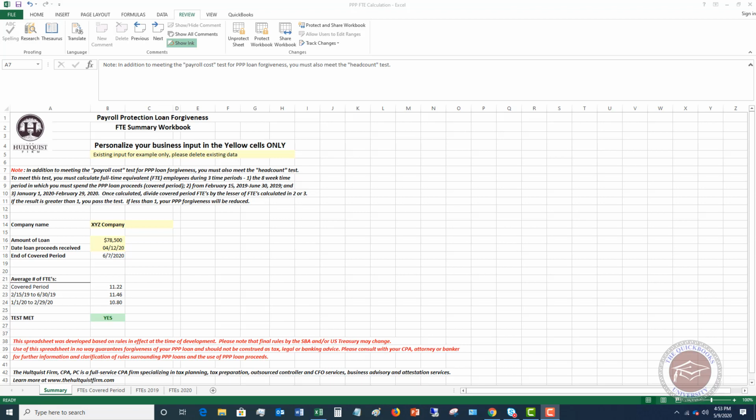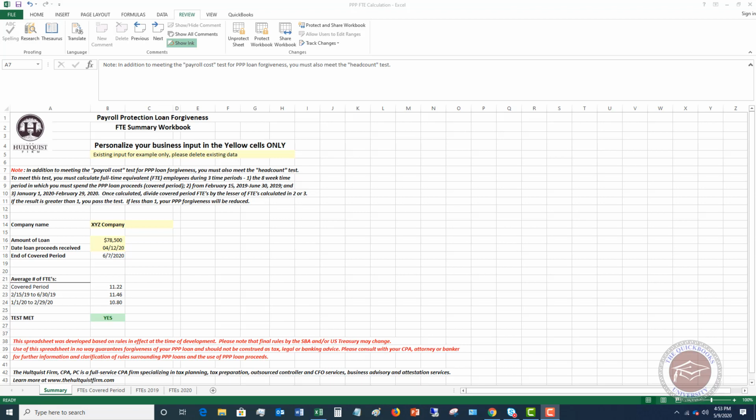I wanted to put together this template that goes in conjunction with the other templates that I've put together. If you're not aware, the PPP loan forgiveness is really going to be two parts, at least with what we know at this point in time. There are two things the banks are going to be looking at.